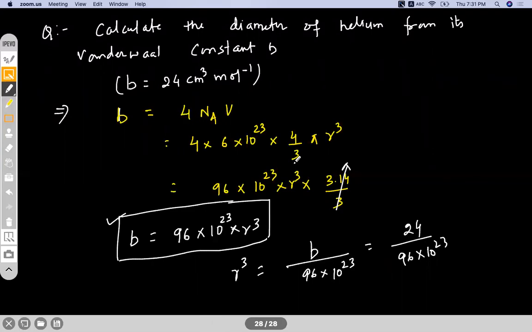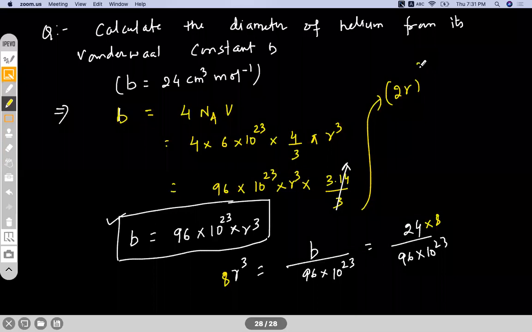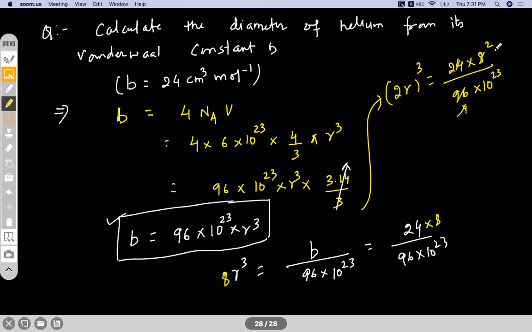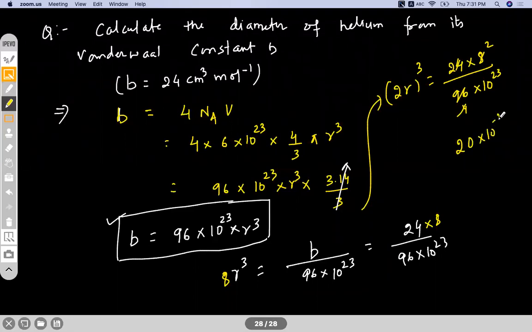We can do one more thing just to solve this. We can multiply here by 8, and this side also we multiply by 8. From here we can write 2r to the power cube is equal to 24 into 8 divided by 96 10 to the power 23. So this is 4 times, this is 2 times. So 2r cube is 20 into 10 to the power minus 24. This approximately you can solve.